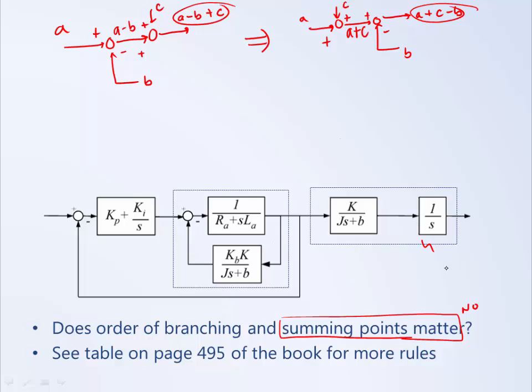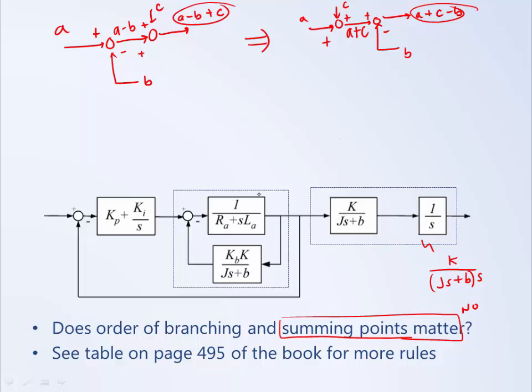So again, blocks in series simply multiply. So we have the transfer function K divided by Js plus B multiplying 1 times s, 1 divided by s, so that series of two blocks can be replaced by the equivalent.